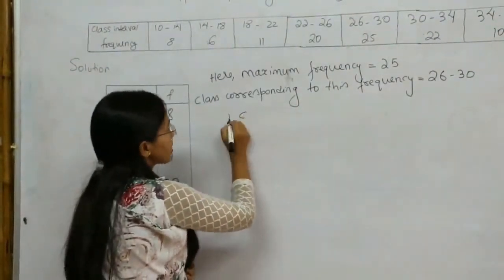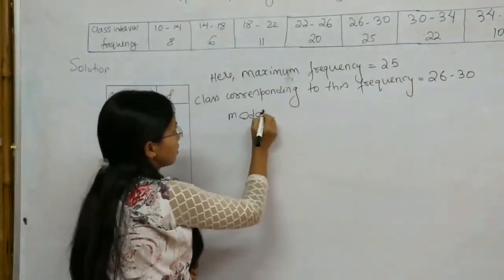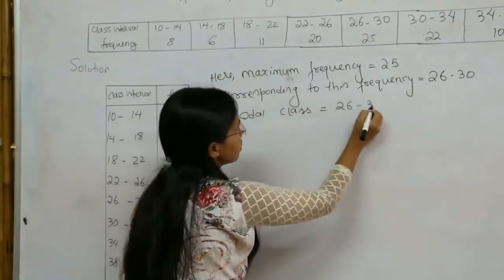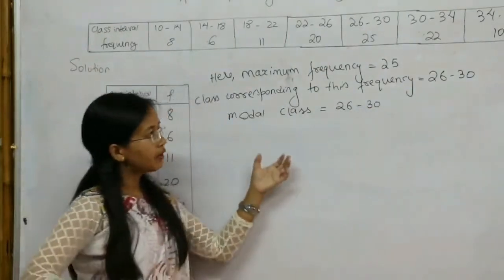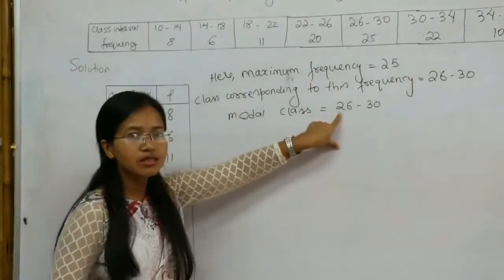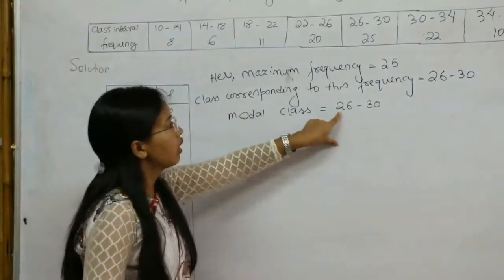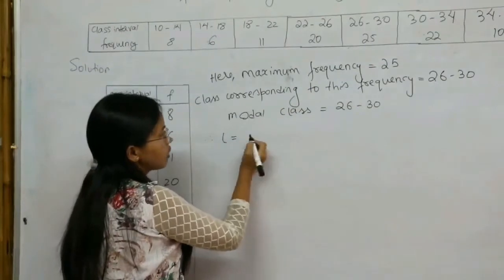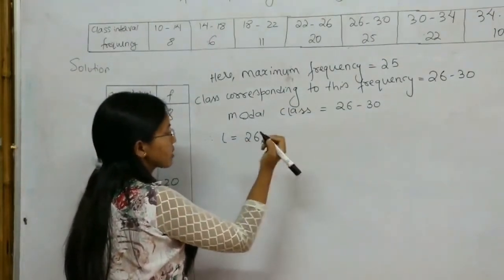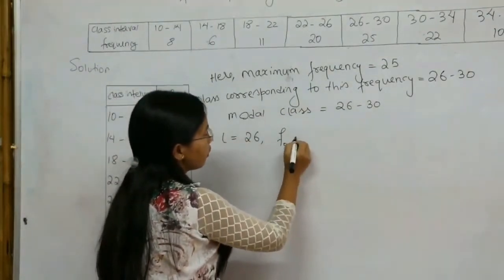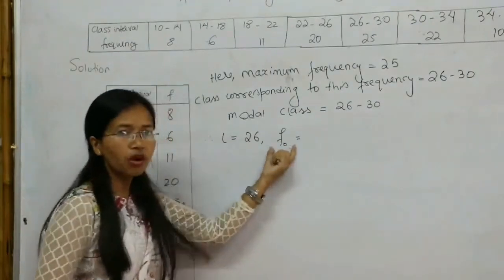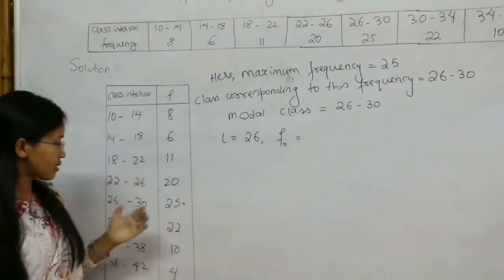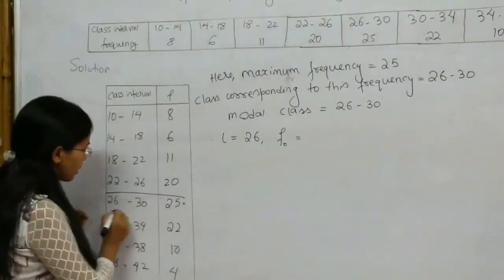So the modal class is 26 to 30. Now from here, 26 is the lower limit of this class. Therefore, L is equal to 26, and then F0. We know F0 is the frequency of the class preceding the modal class. So this is our modal class.